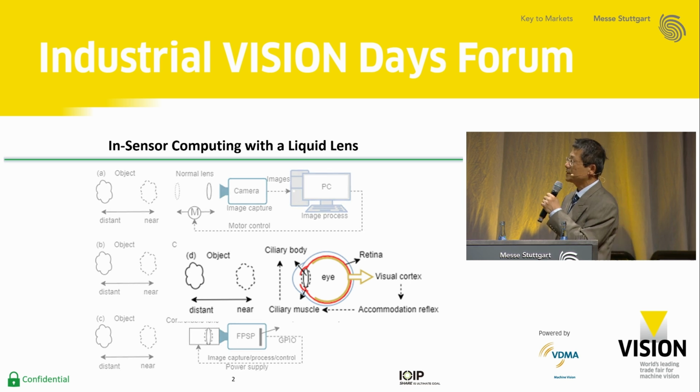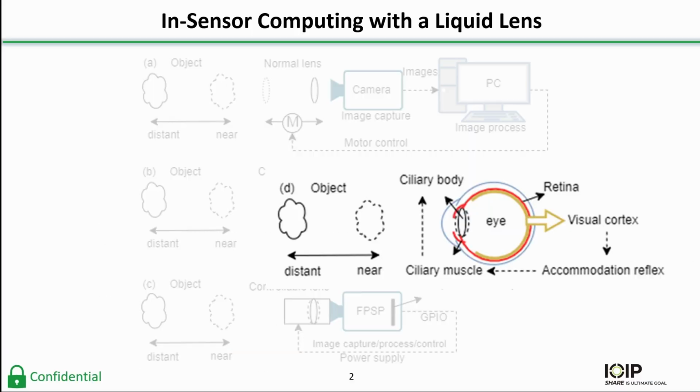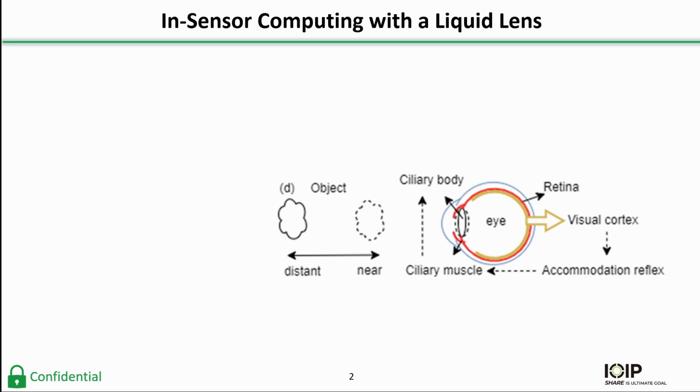To have this design, we got the inspiration from the human eyes. The computation at the pixel level looks like the human eyes adjusting the focus, getting the image and recognizing the image immediately.